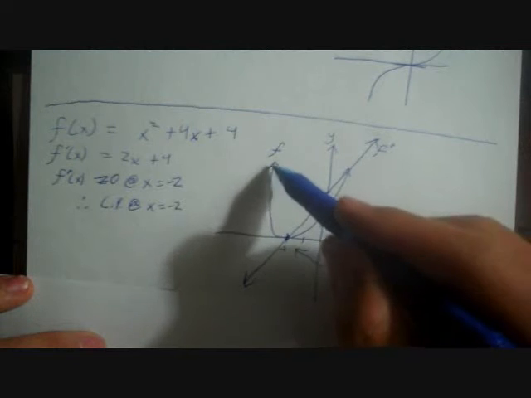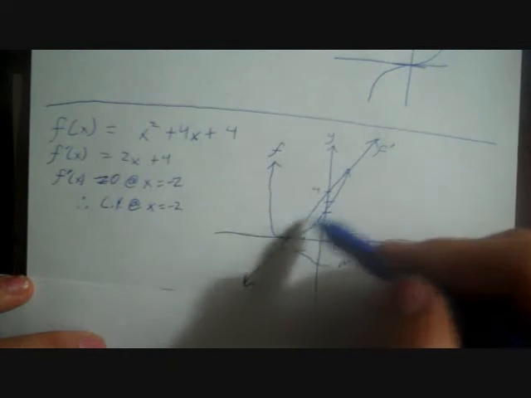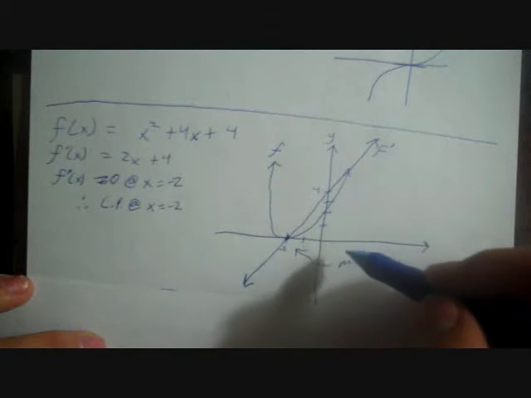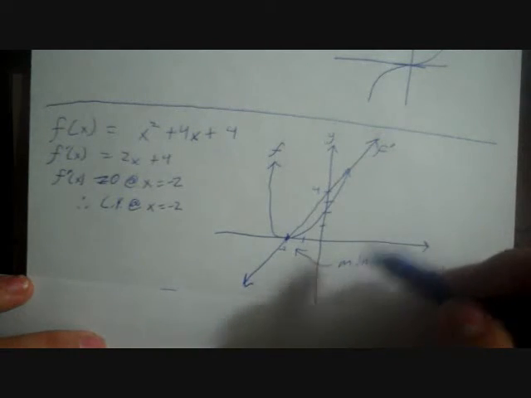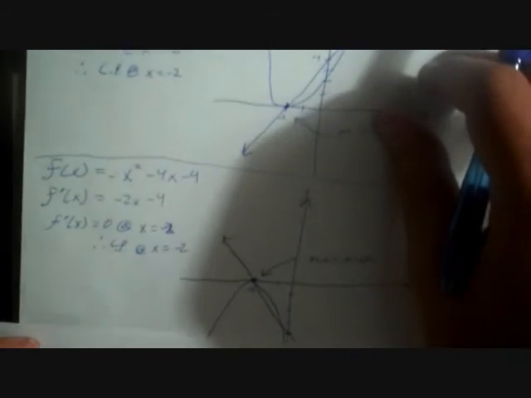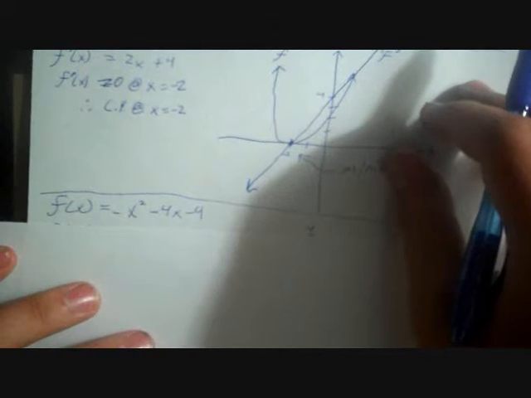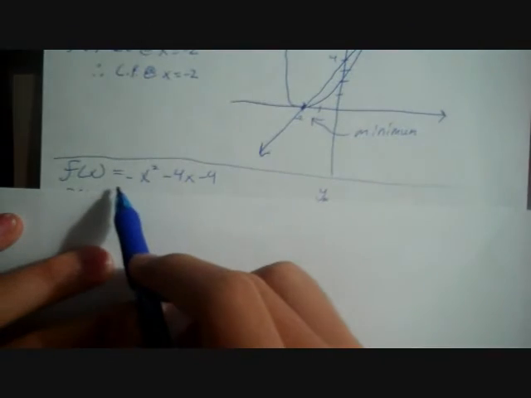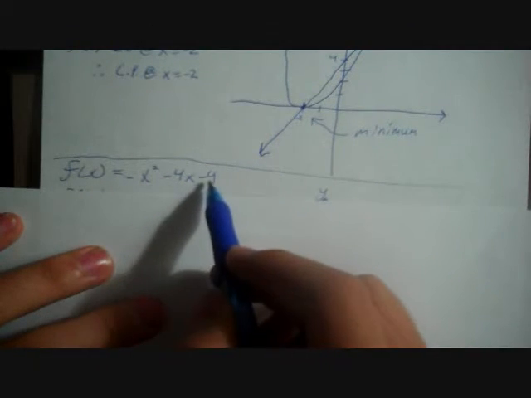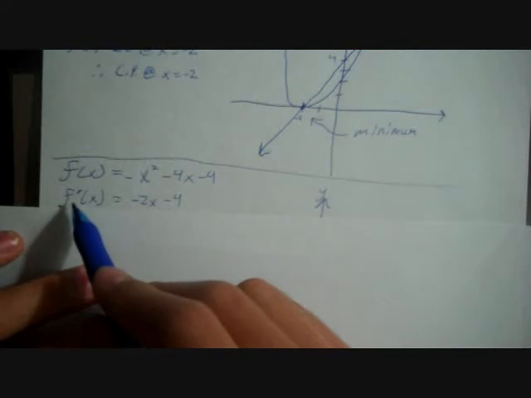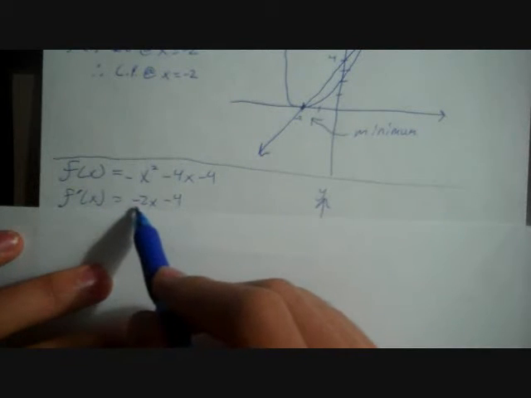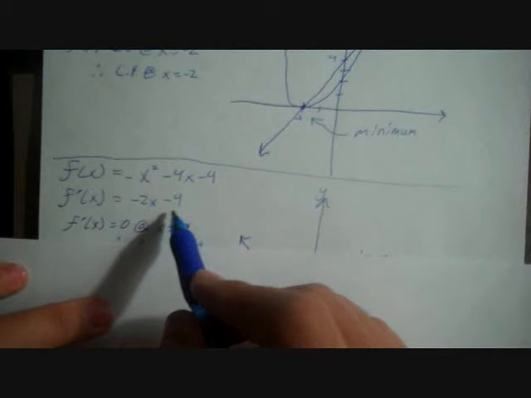So the bottom of a valley, the bottom of a cup, is known as a minimum. Now, say we had a function f of x equals negative x squared minus 4x minus 4. Well, the derivative, f prime of x, would be negative 2x minus 4.